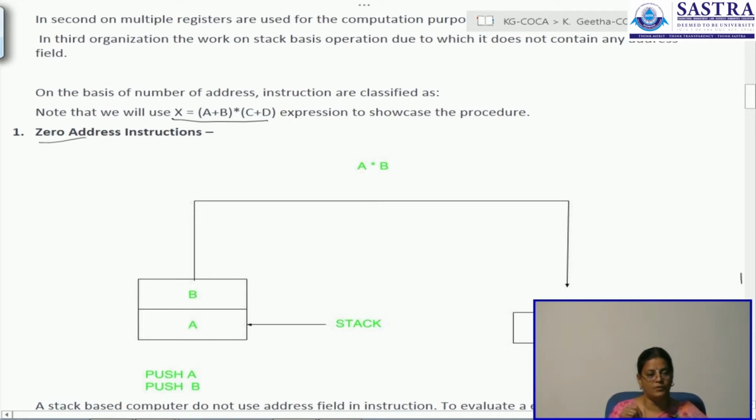So I need not mention the address of A or B, because the stack pointer always points to the topmost location of the stack, which is operand B, and the next one is operand A. Since we need not mention any address here, it is an example for zero address instruction.